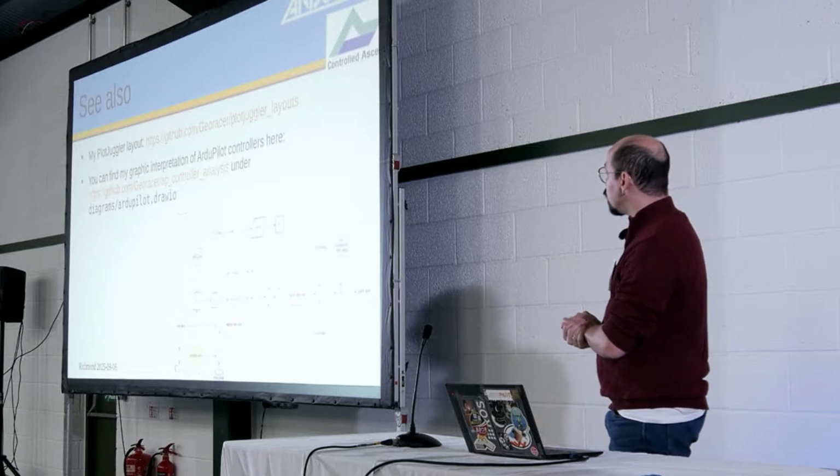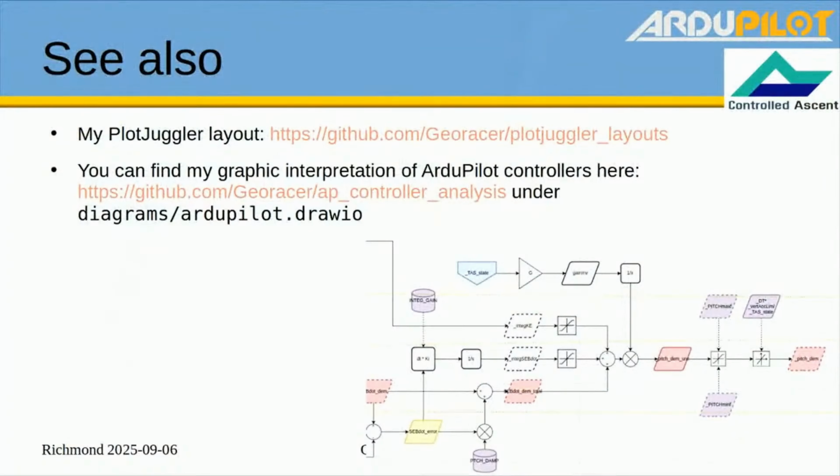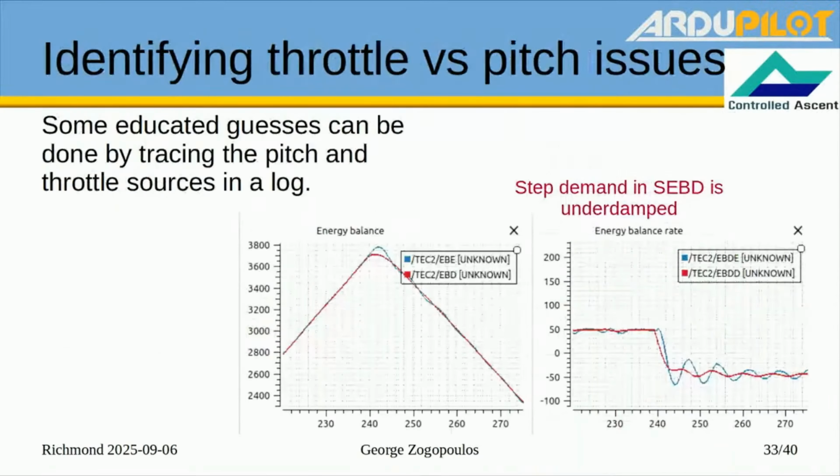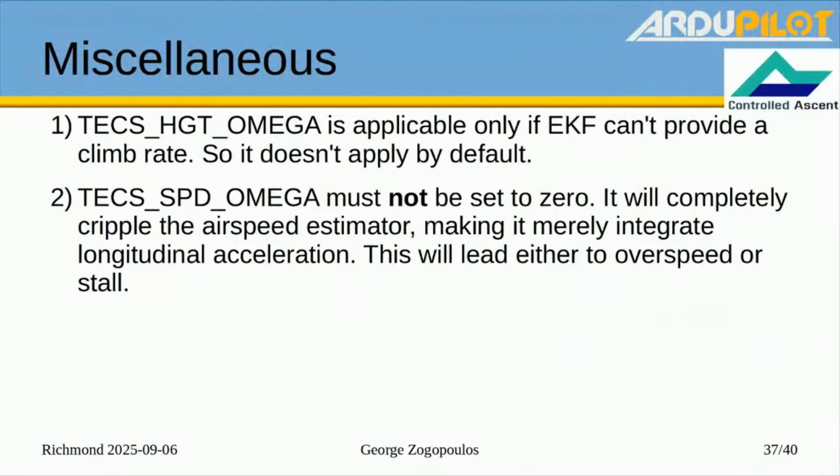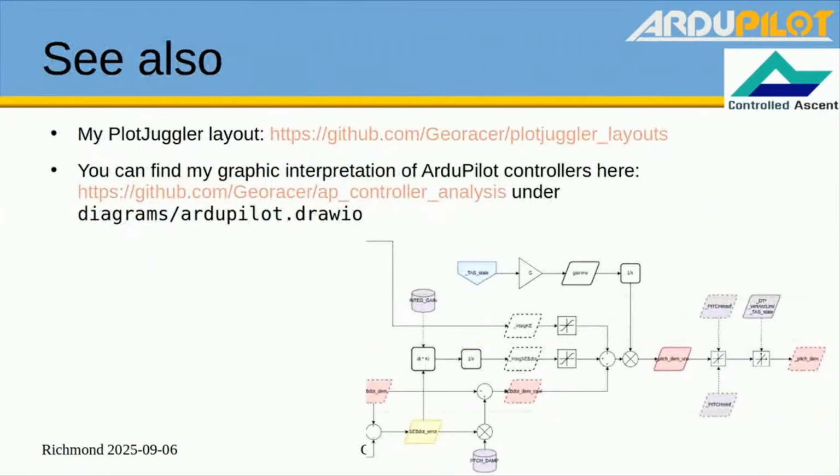To leave you off, all of those graphs you saw before, such as this one and this one, are made with PlotJuggler. It's a plotting tool, and my layout can be found in the first link up there. You can load the log, load my layout, and get those graphs.